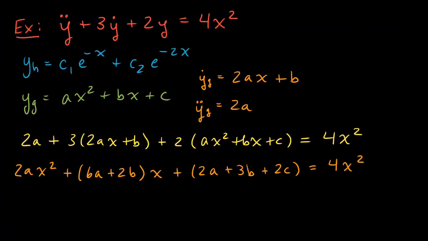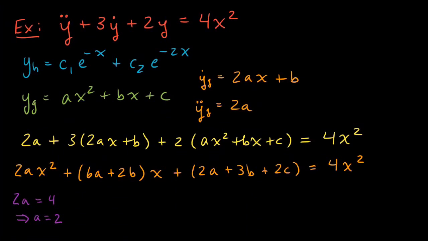Okay, so now we've got to compare coefficients on the left and right. Obviously, the coefficient for the x squared term on the right-hand side is 4. On the left-hand side, it's 2a. So 2a equals 4, and that tells us that a must equal 2. Okay, so that's not so bad.